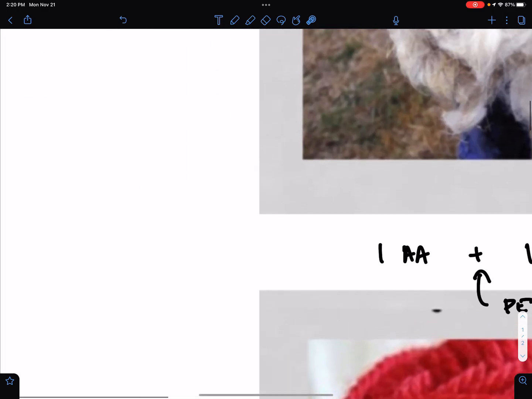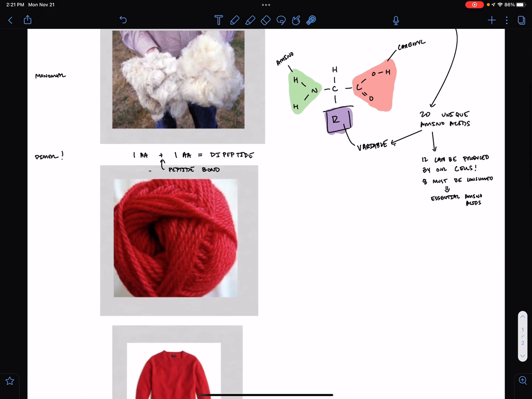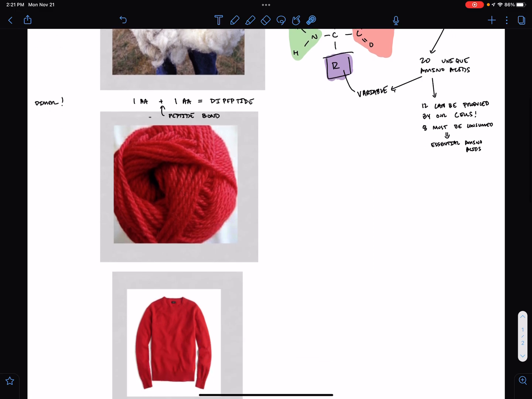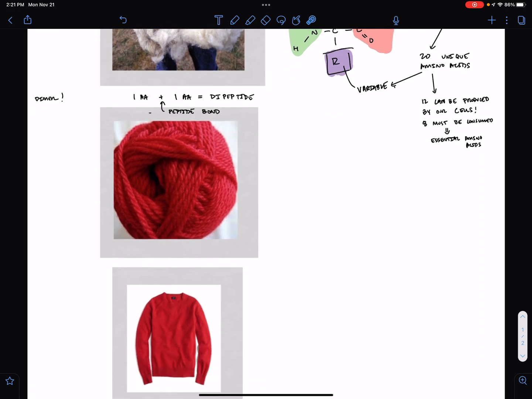So this would be our example of our dimer. But we're actually not going to spend a lot of time in this class talking about dipeptides. We're actually going to spend a lot more time talking about polymers of amino acids or proteins.